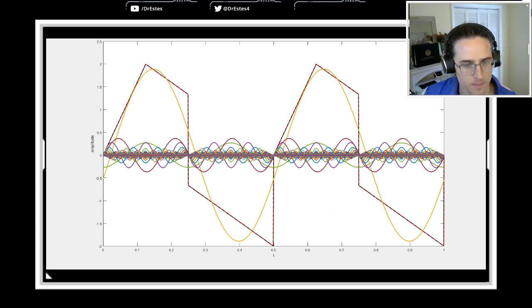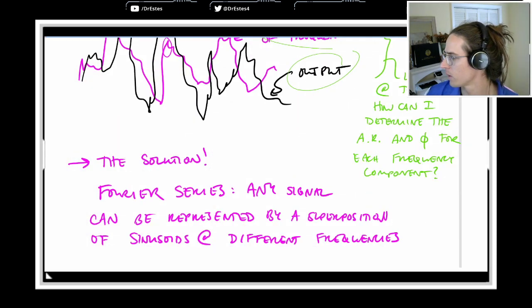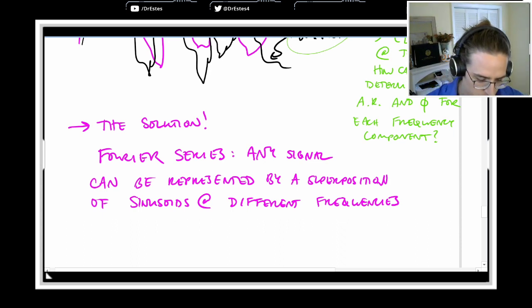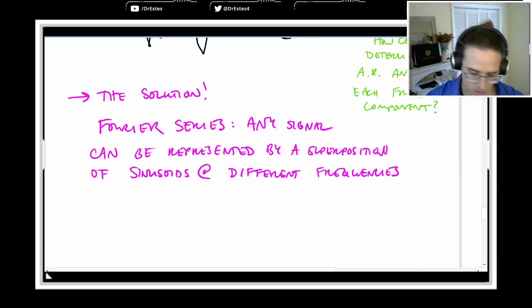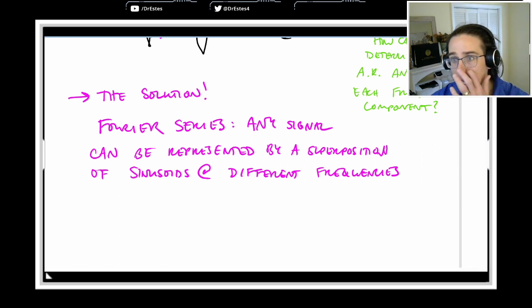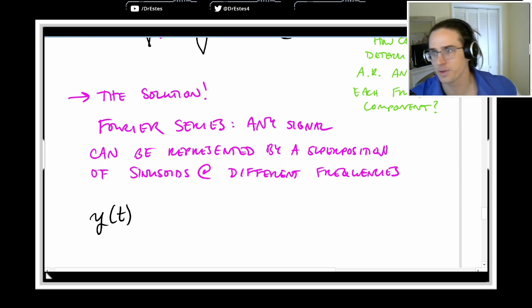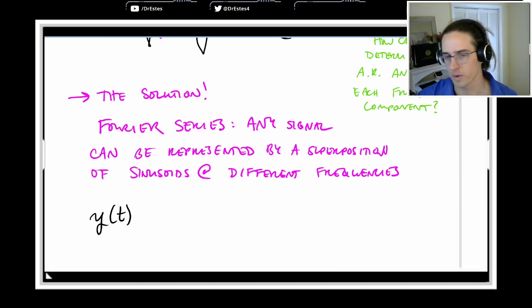So let's go back over here. Let me find what I need. Okay, so what am I doing in this code? Let's say that the signal that we're trying to approximate is y of t. So it might have a weird shape, the trapezoid tooth, for example.